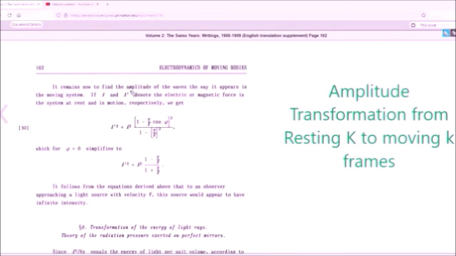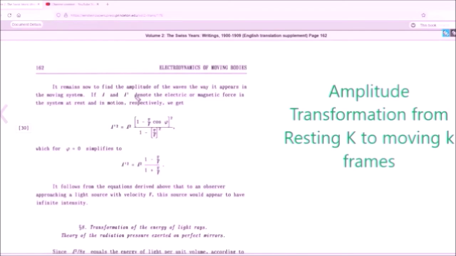It remains now to find the amplitude of the waves as it appears in the moving frame. How big is the amplitude of the waves on the electron moving in a frame small k?